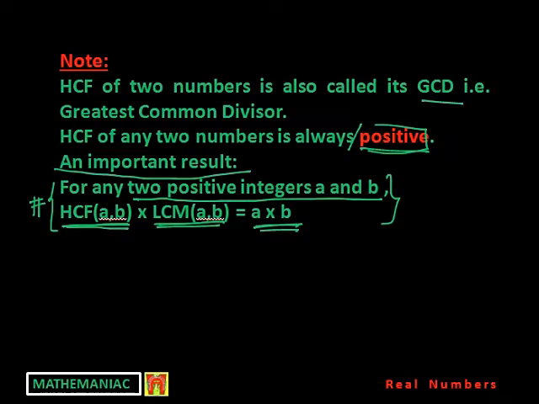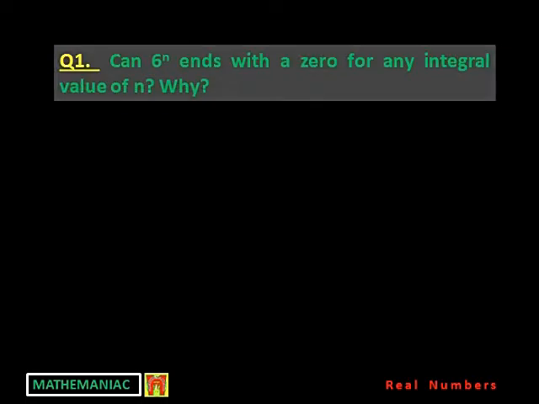So in this equation there are four quantities involved: HCF, LCM, A and B. Out of these, if someone gives you three quantities, then the fourth you can find. Now let us start with questions, and then we'll be discussing one by one.